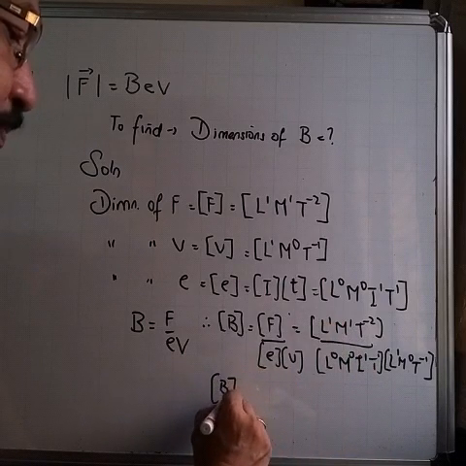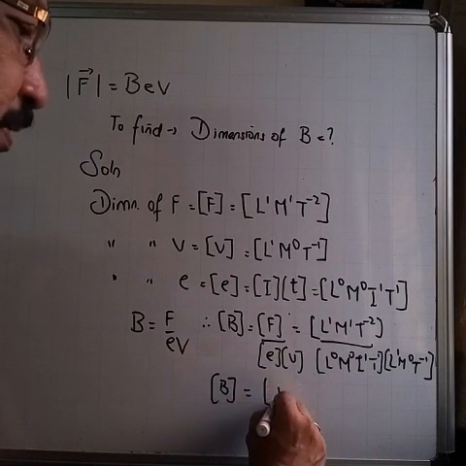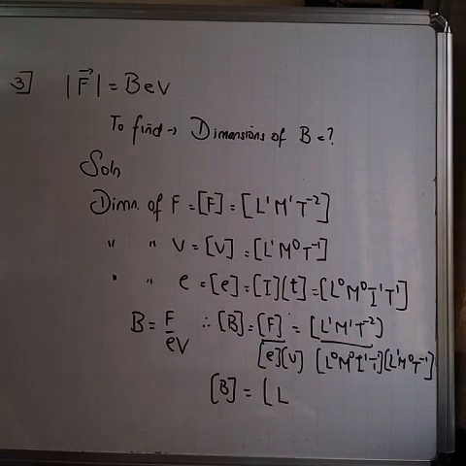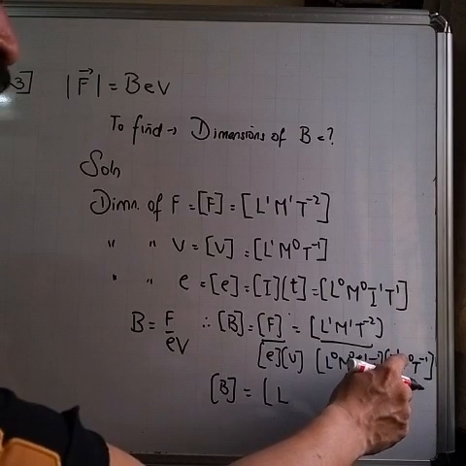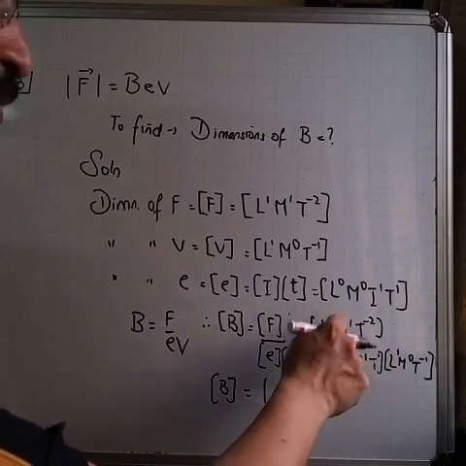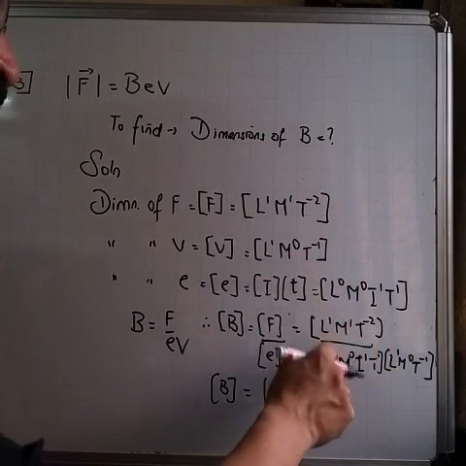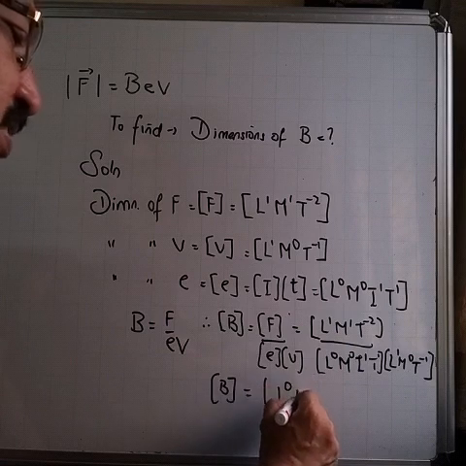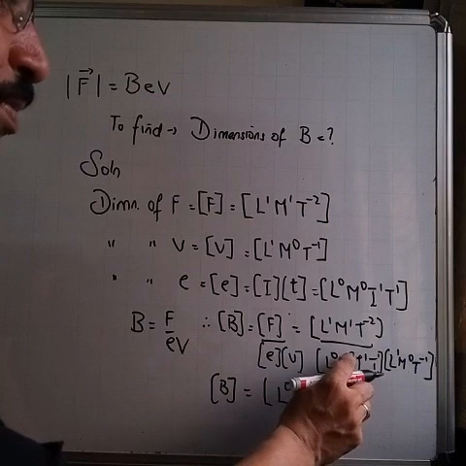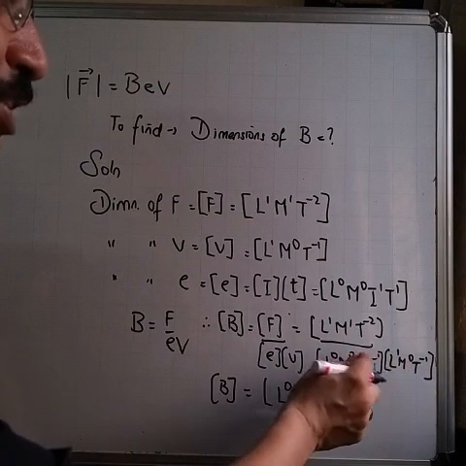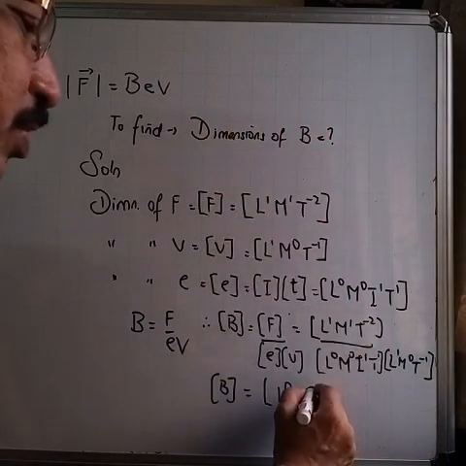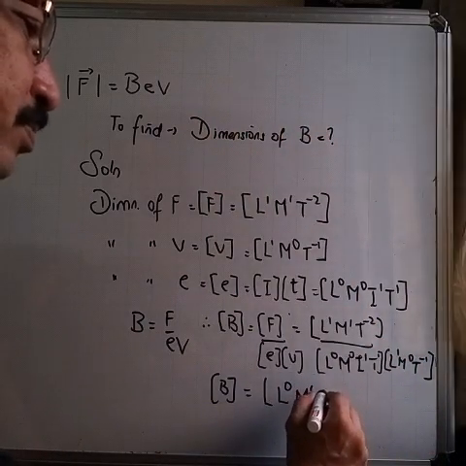Now you bring each term. Dimension of B will be, first you look at L: 1 minus 0 minus 1. When you bring the power from the numerator to the denominator, it becomes negative. So 1 minus 1 is 0, so L raised to 0. M, 1 is there, minus 0, so no change: L0 M1.